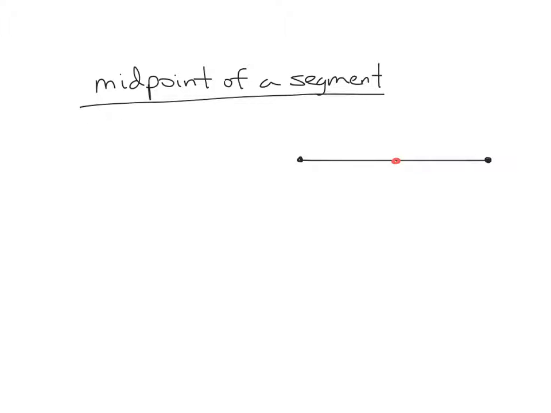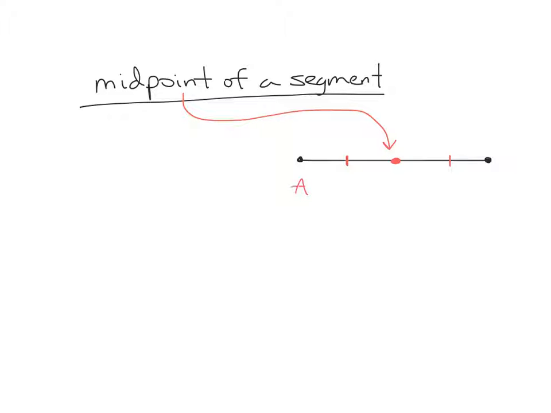So in other words, if I have this point where this segment is the same as that segment, then my midpoint would be that point right there, okay? It cuts a segment in half. So you have 2 equal parts if it is a midpoint.